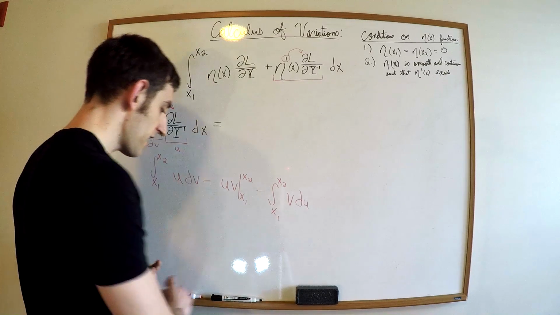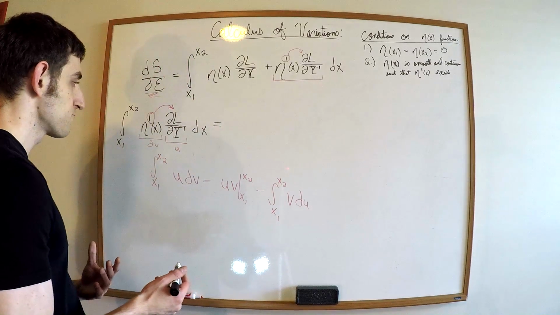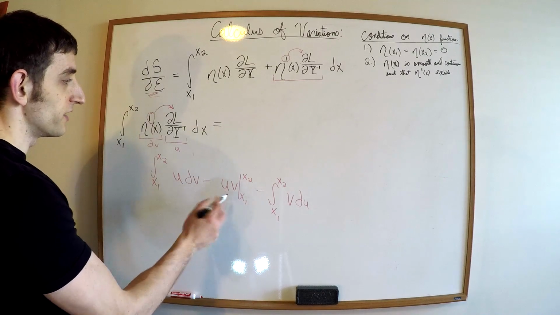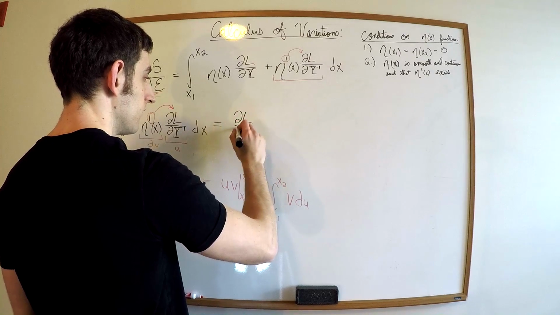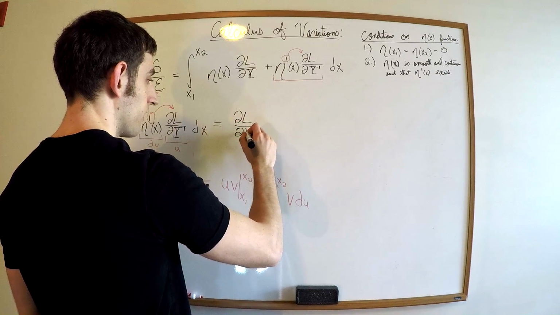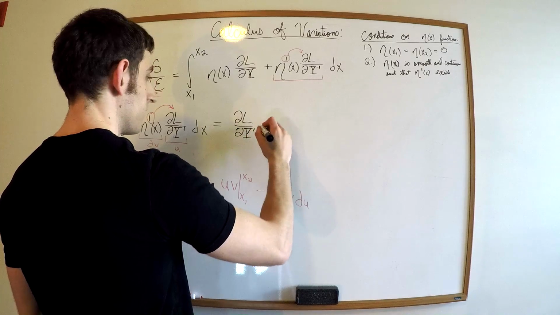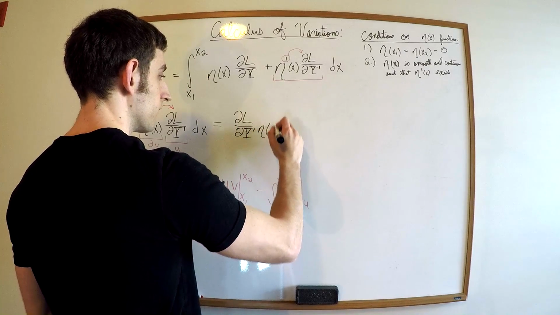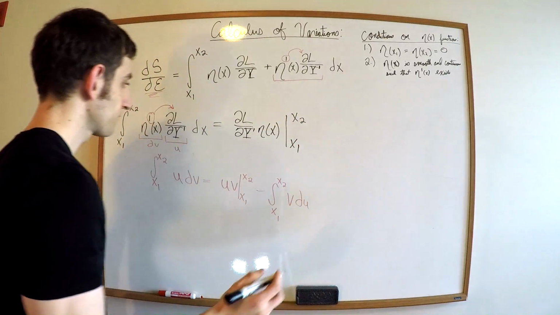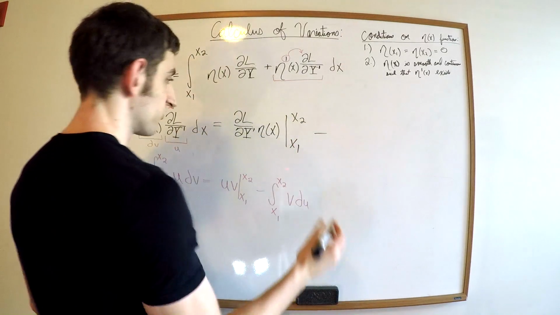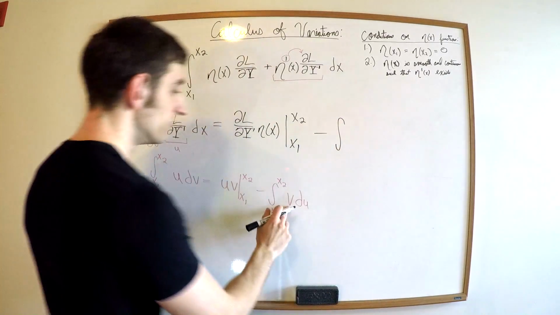So let's, I guess, apply this guy, okay? So we have uv, so we get dL/dy prime times eta sub x, that's defined on x1 to x2, and then we're going to subtract away v du.